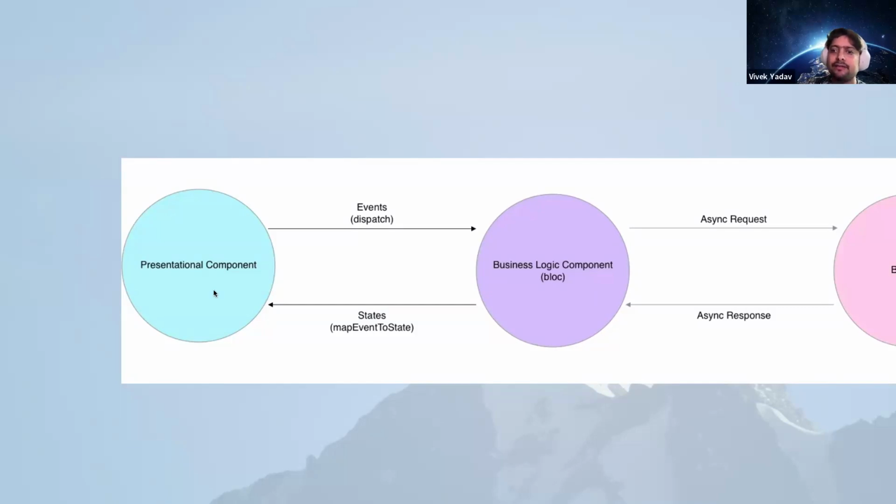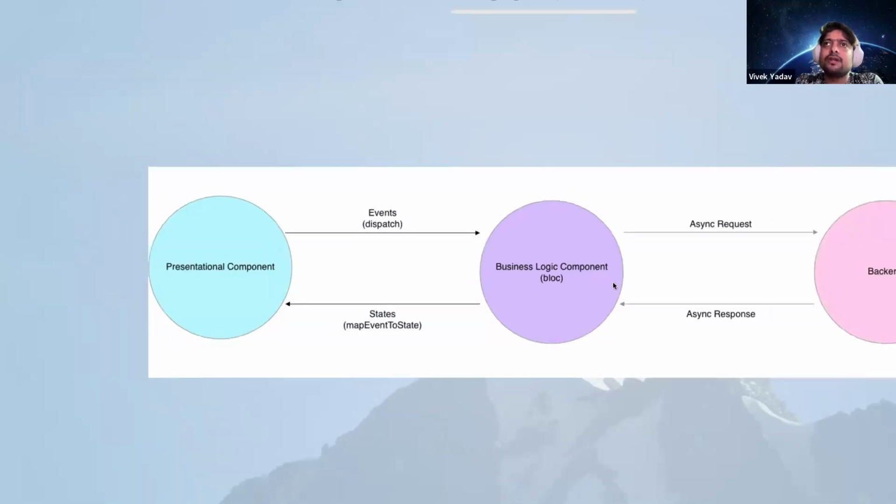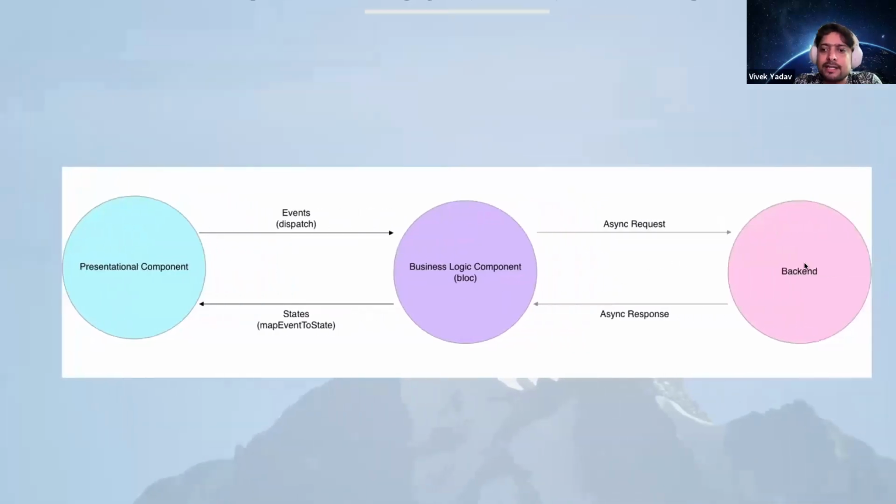For example, if you're loading a home page, right? You will say, hey, load home page. So your event will be load home page. Load home page will come to the business logic component, which is the bloc. The bloc will do, let's say, an API call to your backend. Your backend will give some data, and the bloc will process that data and decide if it wants to load a home page.